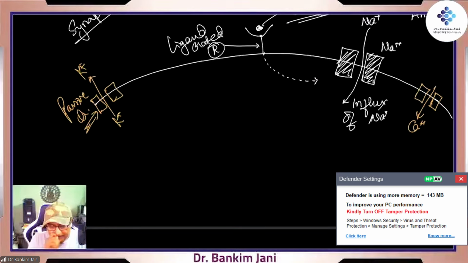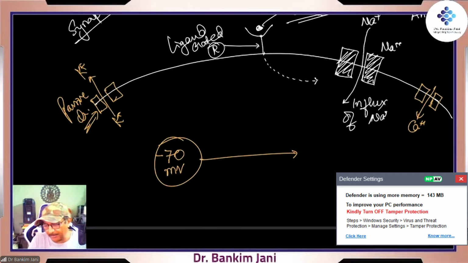So it means that we were at minus 70 millivolt, and with the entry of the sodium, we are now going slightly positive. We move to minus 65 millivolt. Correct? So this is relatively more positive.